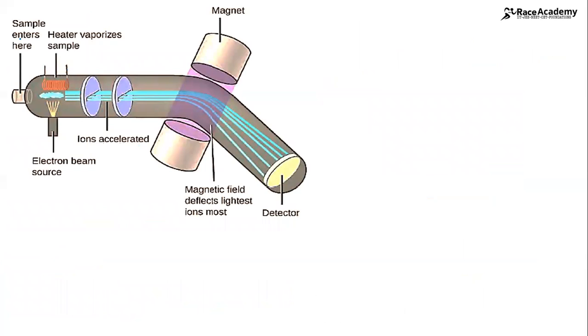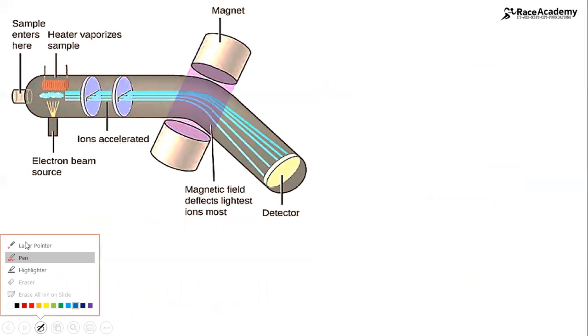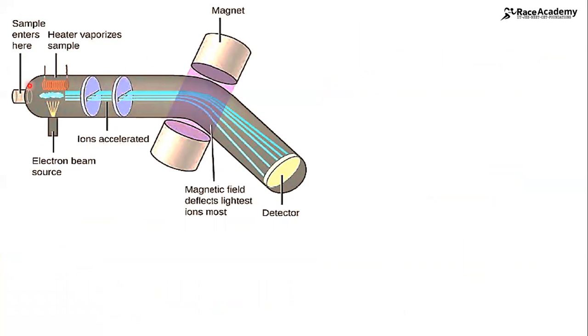Let us see its picture. Here the sample enters in this direction, and a heater vaporizes the sample here. This is the heater, and the electron beam source is here. The electron beam will come here and pass to the ions, which are accelerated between the plates here. After that, this magnet is also kept here.